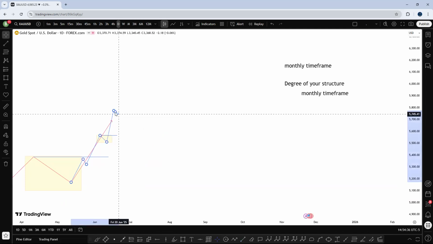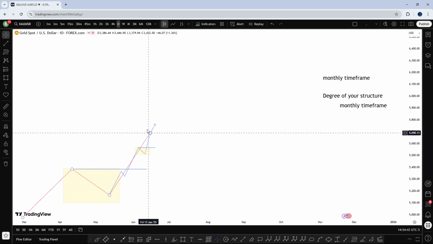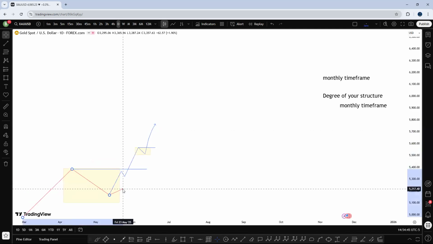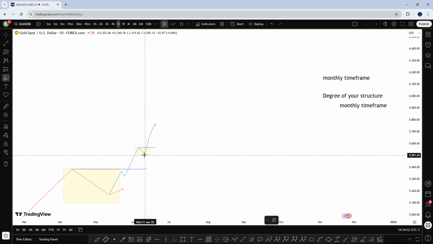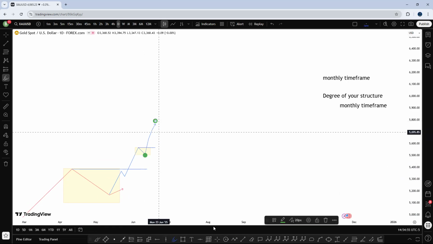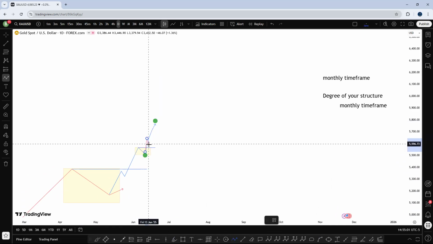You have to understand that from this weekly structure the market is using, there will be a certain structure the market will also be using around here.